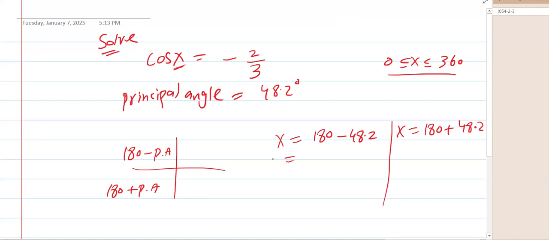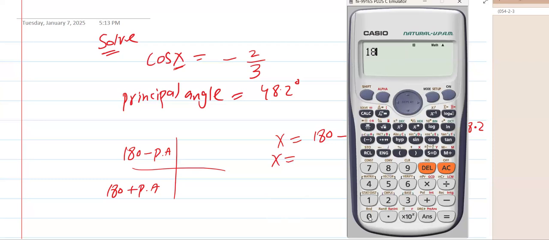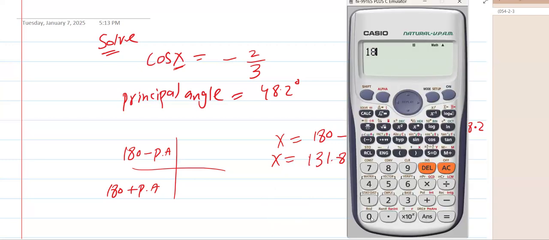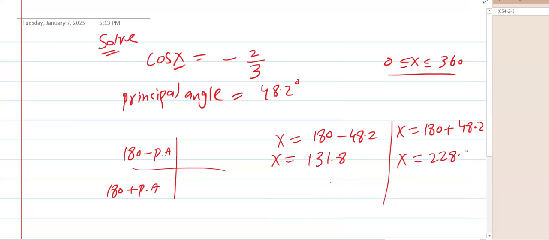So if it is 180 minus 48.2, it is 131.8. And if it is here, it will be 228.2. So we found the possible values. Clear?